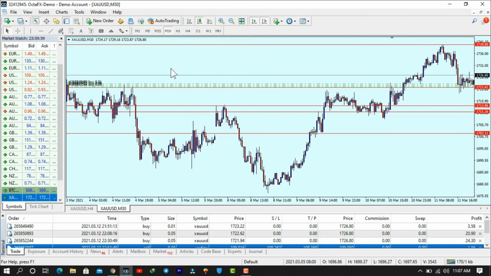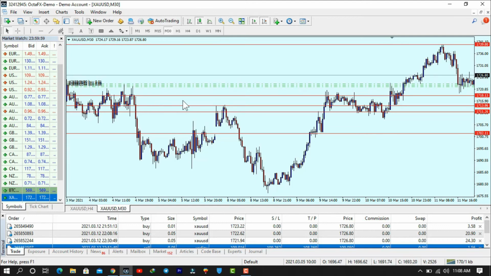Here we go. And where your SL would be: your SL should have been at the rejection, the breakout. You see the breakout candle, and you have seen the wick right here. So your SL would be right above the breakout candle's wick.